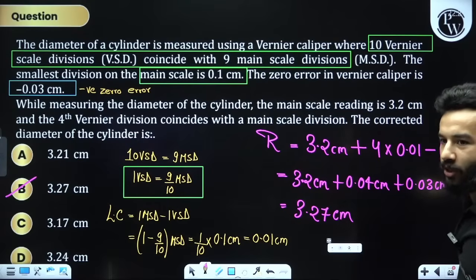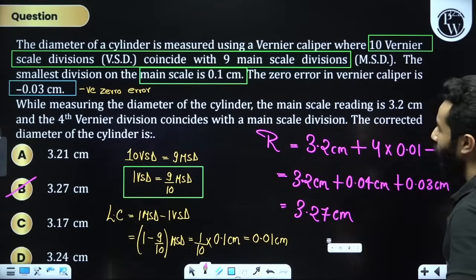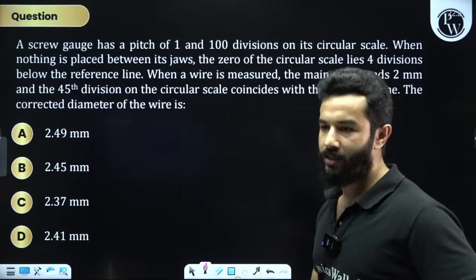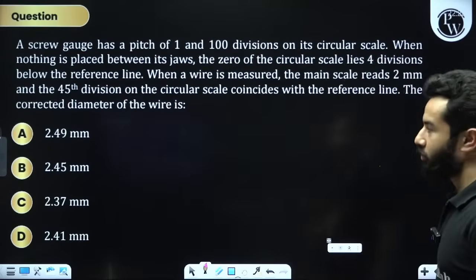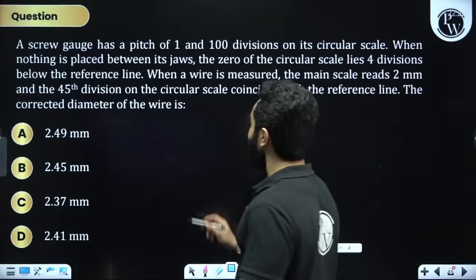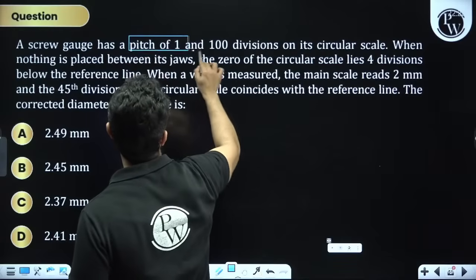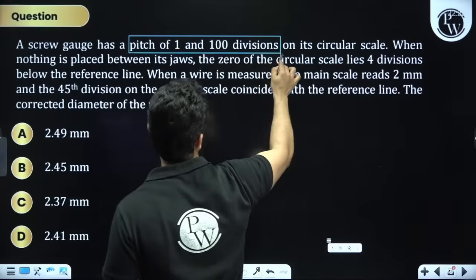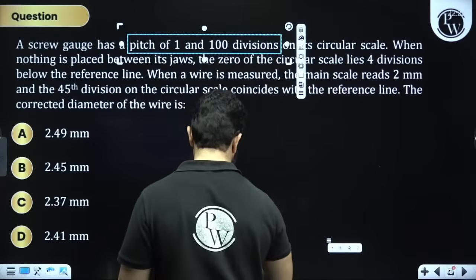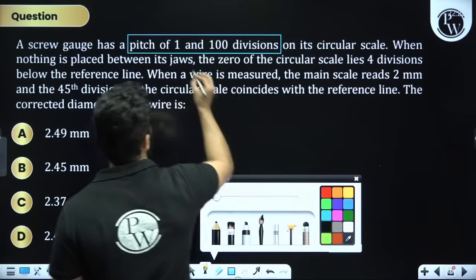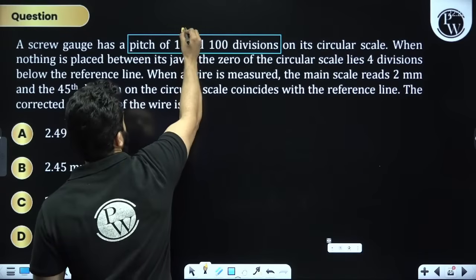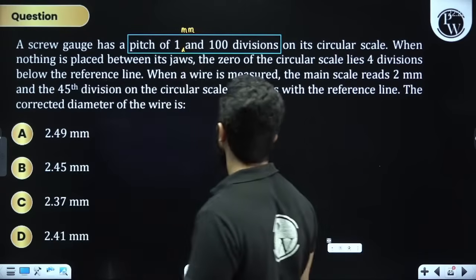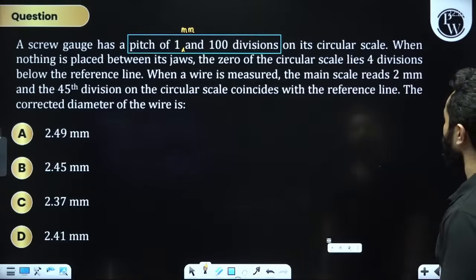Now I am going to give you one more question for practice. You solve it by yourself. Quick. But this question is from screw gauge. Pitch is given, 1 millimeter, and 100 divisions on its circular scale.